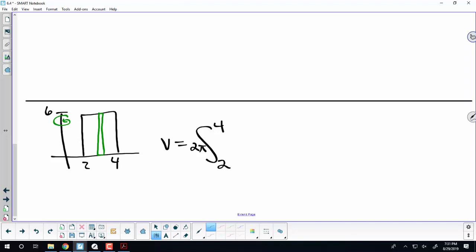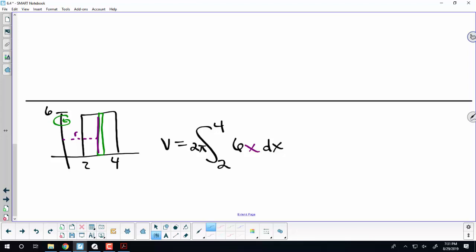The height is always 6, times the radius. The distance from here to here is the radius, and that's just some x value. So we're integrating 6x dx times 2 pi from 2 to 4.